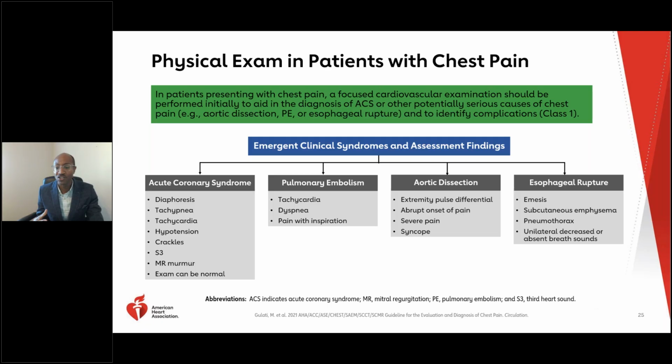There can be some patients who actually do have a normal examination, and then further evaluation, or the other portions of the clinical decision pathway, may be a little more helpful in order to help stratify these patients specifically.